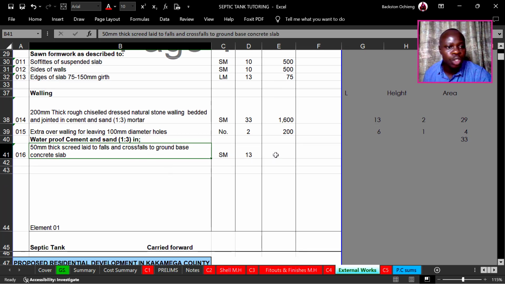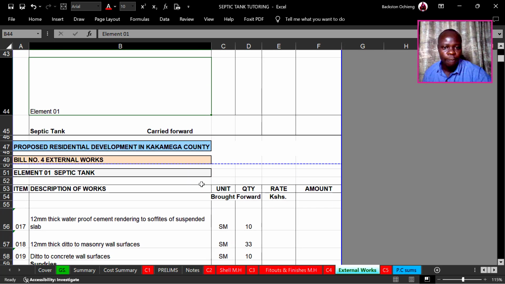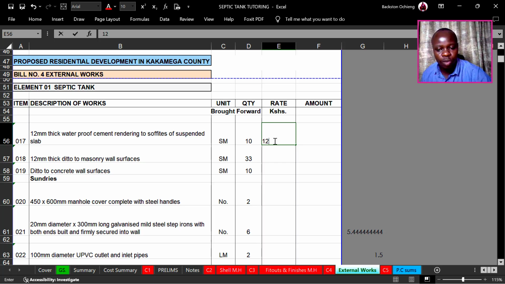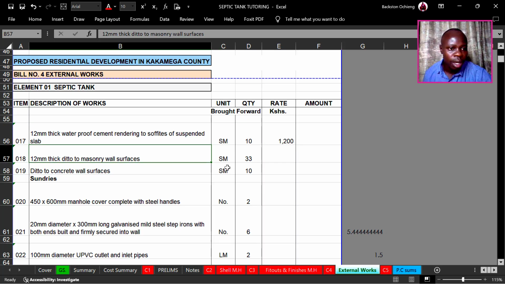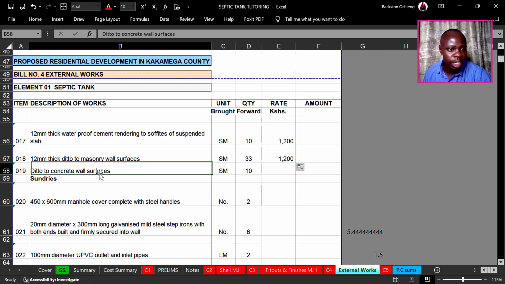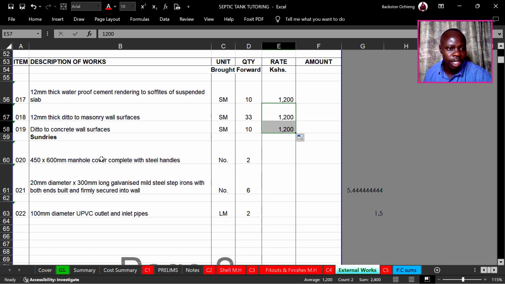Waterproofing is quite expensive, plus plastering, so let's do 1200. Then waterproofing again, so this is also 1200. This one as well is 1200. Hacking to concrete surfaces, another 1200.